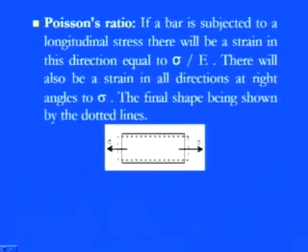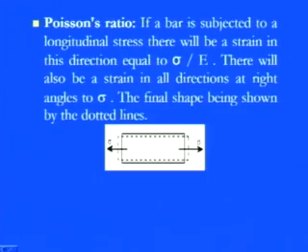Earlier the extension was in the longitudinal direction, but what has happened in the circumferential, or lateral, direction? There is a contraction. If you pull the bar it will extend, but across the circumference there is a reduction, and this reduction we need to measure. So the Poisson's ratio defines the relation between the longitudinal and the lateral direction.